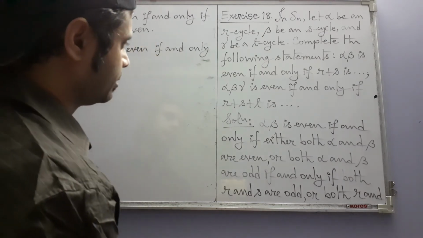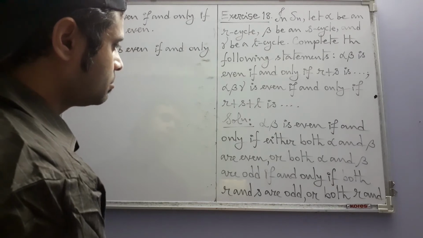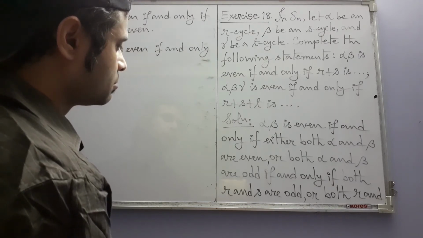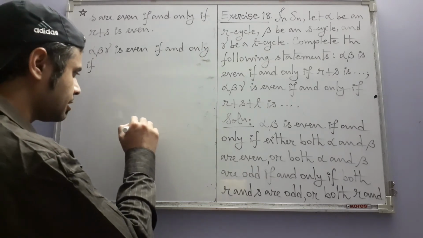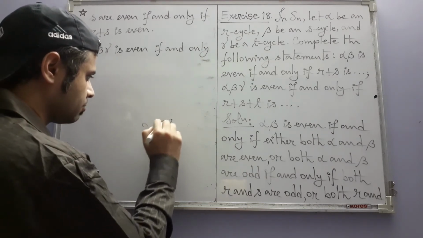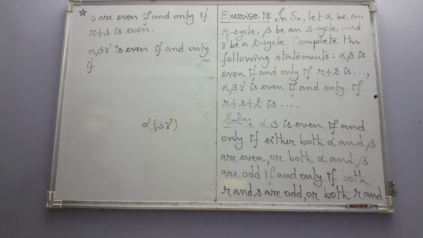Can I do that? We can view alpha, beta, gamma as a product of two. Oh, okay.